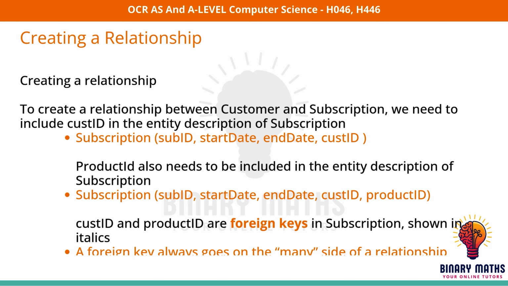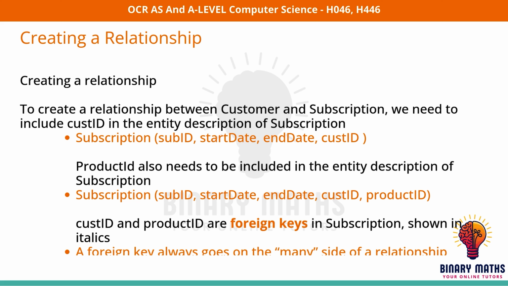To create a relationship between customer and subscription, we need to include customer ID in the entity description of subscription. For example, we can see from the subscription we would need sub ID, start date, end date, customer ID, and product ID.